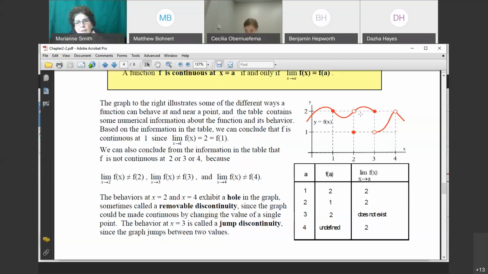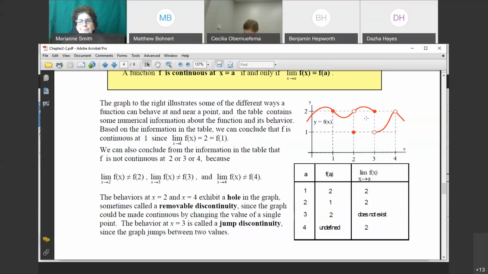There's nothing I can do to this because this is essentially the part of the rule that's defining this and the part of the rule that's defining this. I can't get rid of that without fundamentally changing the function. And the same thing is true of a vertical asymptote. Those are not removable discontinuities because it would take a major overhaul of the function to make them go away. So really the only removable kinds are the ones where you've just got one point out of place.